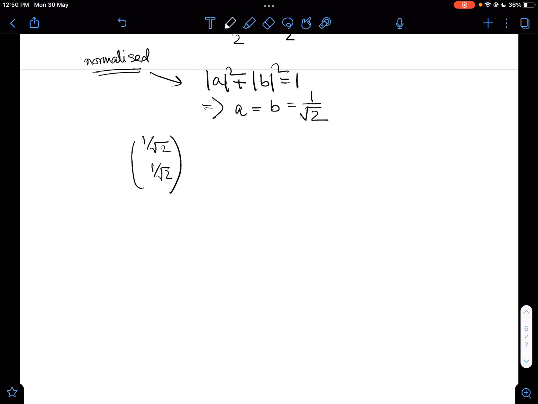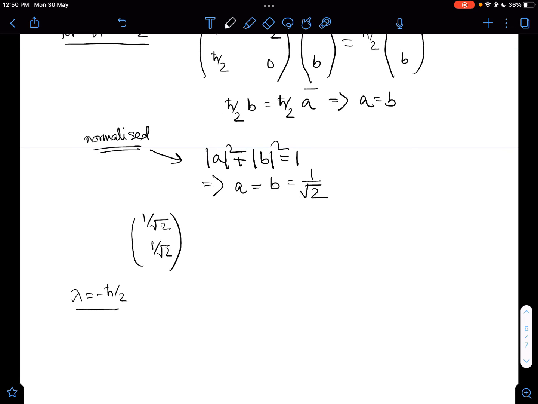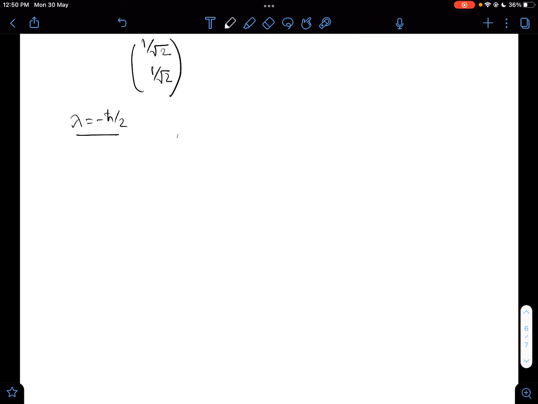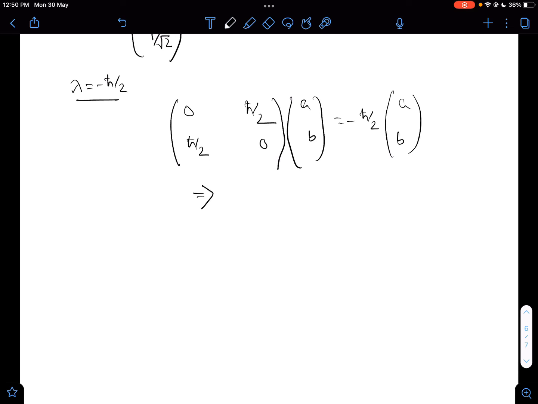So let us find the other eigenstate, for the eigenvalue minus h squared by 2. For lambda minus h squared by 2, we have here 0, h squared by 2, h squared by 2 and ab, and here we have minus h squared by 2, ab. So from here we are getting the relation b equal to minus a.